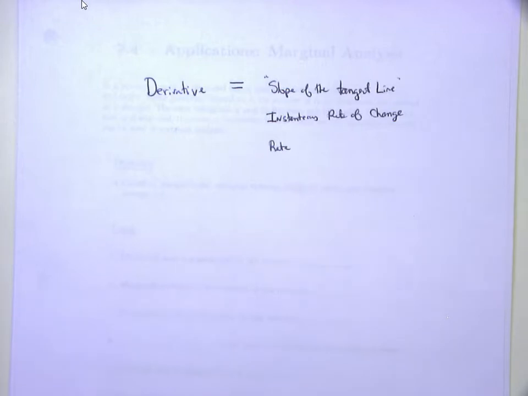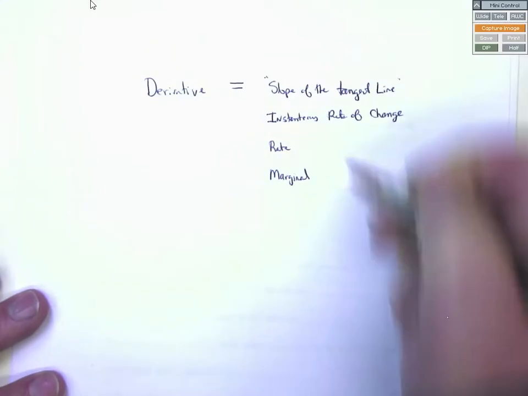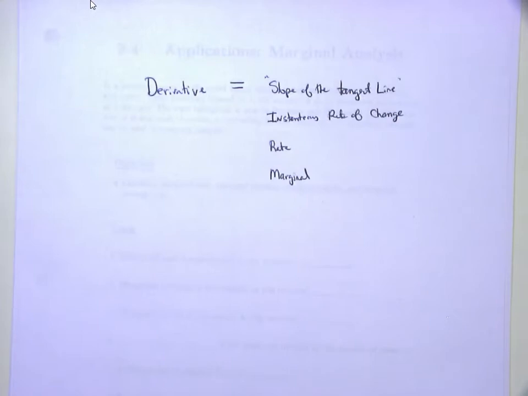But a new one for you guys. You're in business calculus, so for the most part we're focusing on profit, revenue, and cost. When you hear the word marginal: marginal profit, take the derivative of profit.